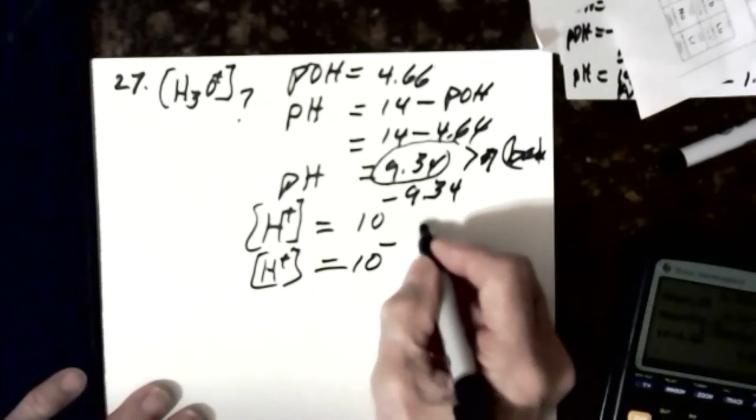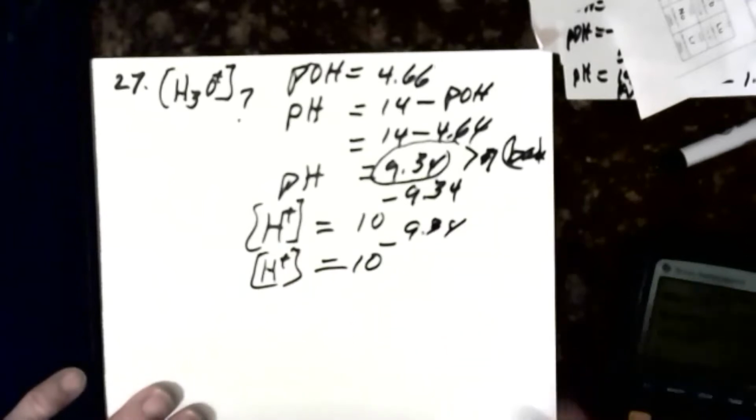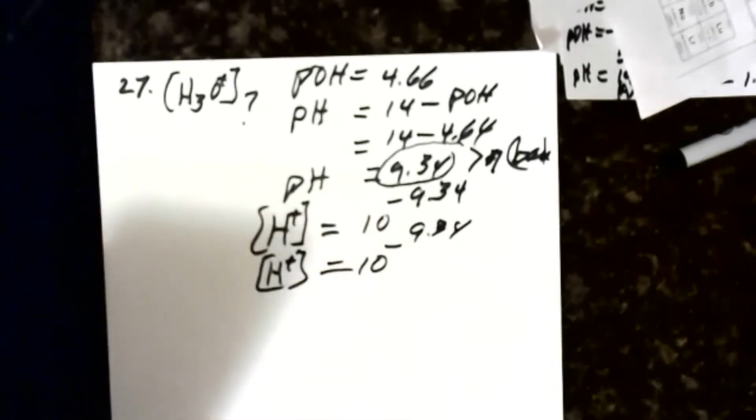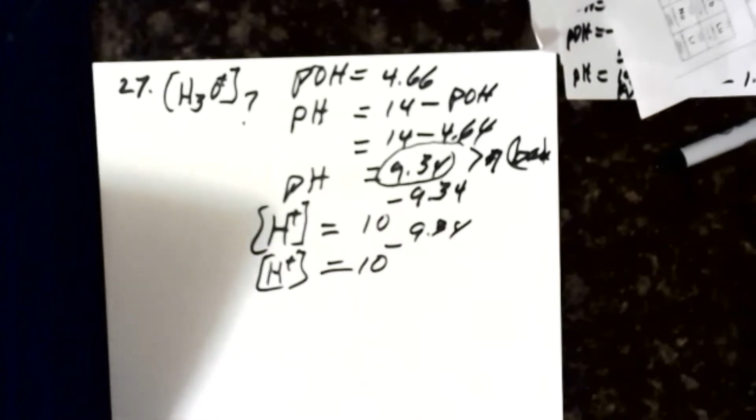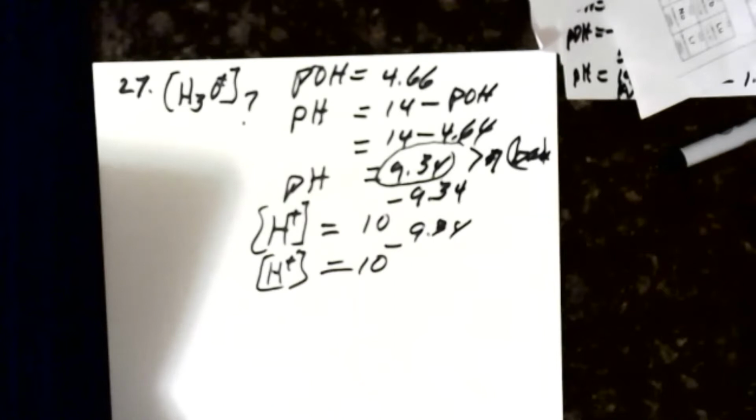So to get the H3O plus, I just do 10 to the minus 9.34.